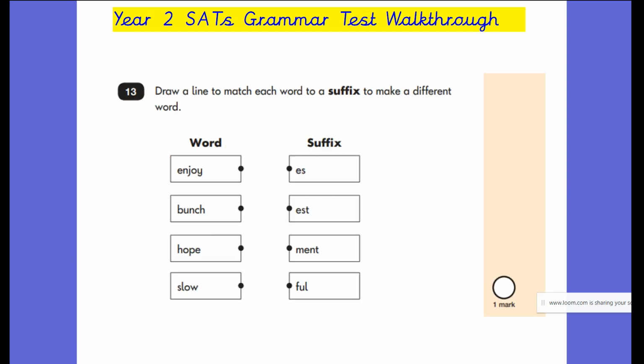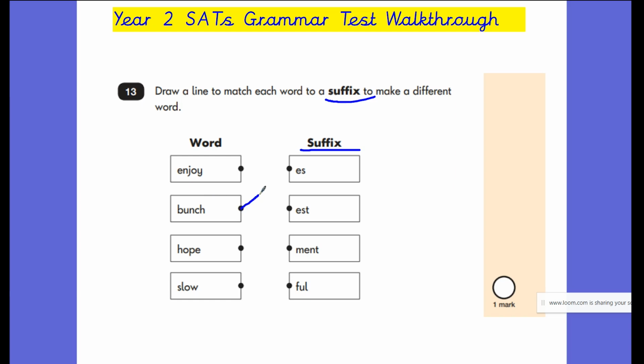Question number 13. Again, another question about suffixes, letters that we add to the ends of words to change their meaning. Here we're asked to match the correct word, what we call a root word, to its suffix. If you're a child, I would suggest just testing them all out and seeing which ones sound and make the most sense. Enjoyness, enjoyous, it doesn't work. Bunches. Now I would say this is the trickiest of all of them, so if it doesn't quite make sense to begin with, they can always come back to it.